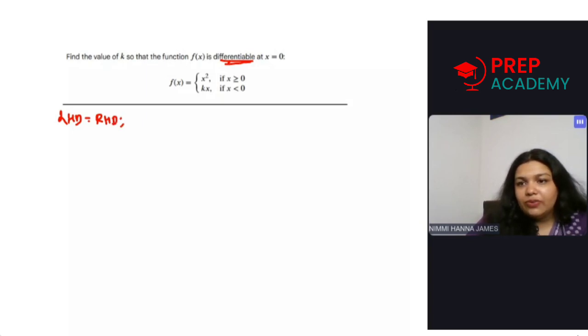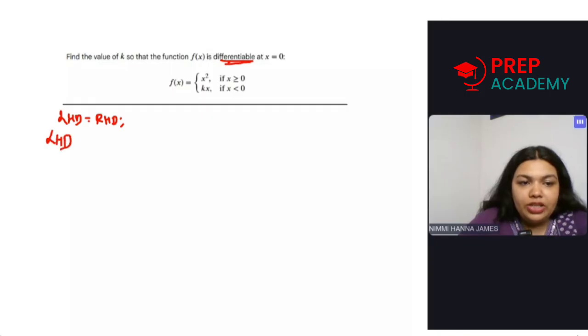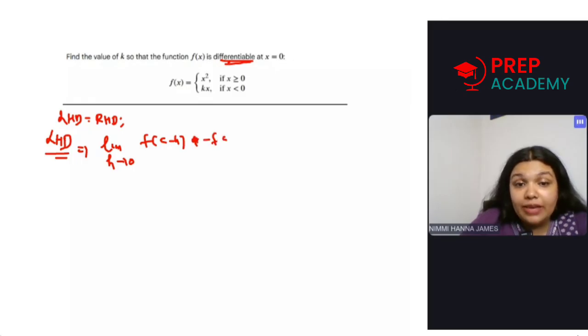So we can find the LHD. From the definition, how do we find LHD? It is limit h tending to 0 of f of c minus h minus f of c, by minus h.